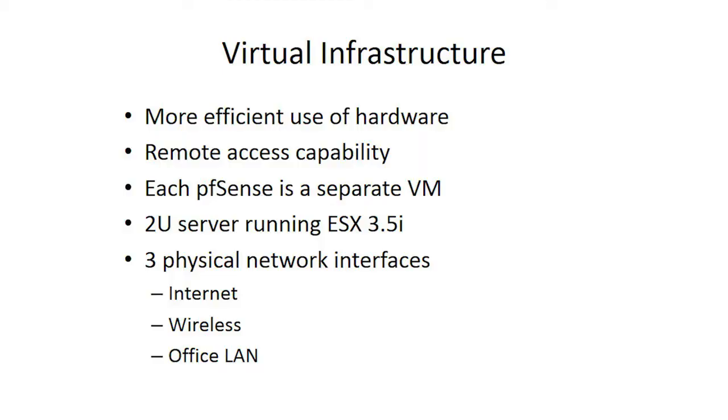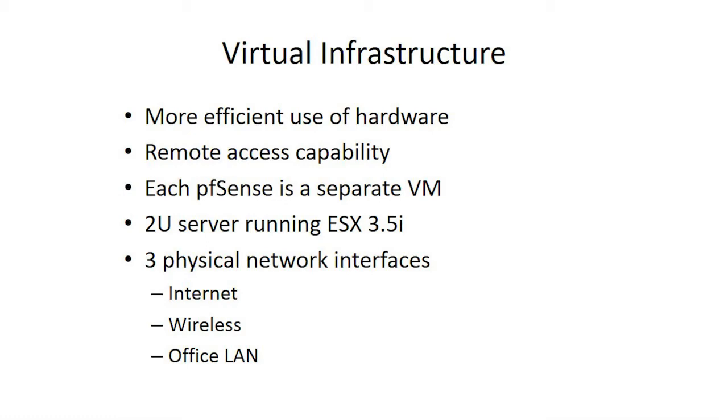I'm running VMware ESXi 3.5 because I'm using a 32-bit OS. The basic ESXi is free. It's basically the hypervisor. So I'm operating these as virtual machines. I had a single 2U server running ESXi 3.5i, and it also offers me remote access capability. If I have to reboot one of these, I just go into my VMware control panel, and I can reboot the operating system.